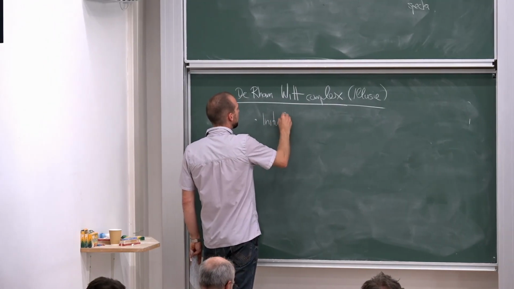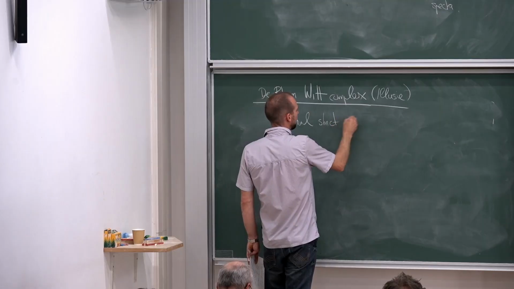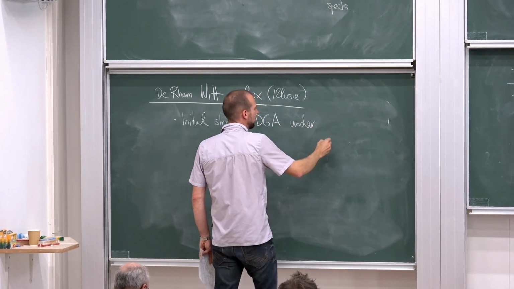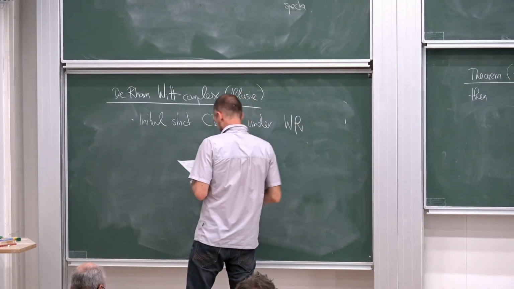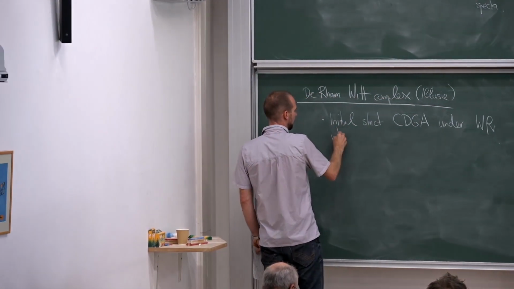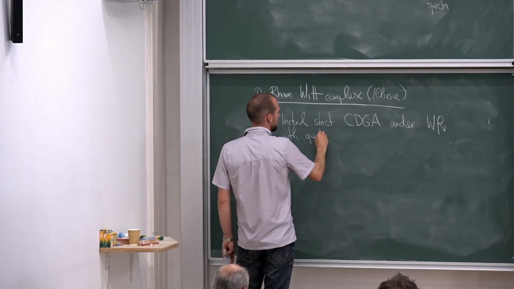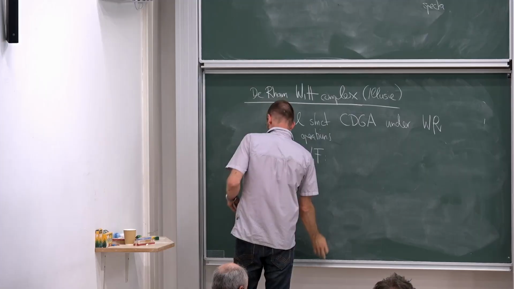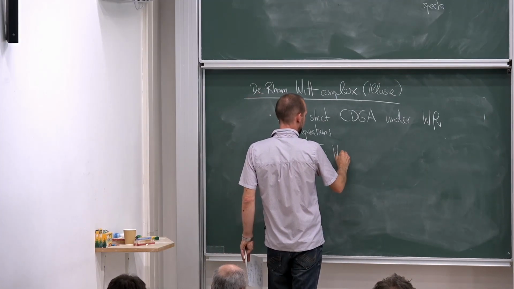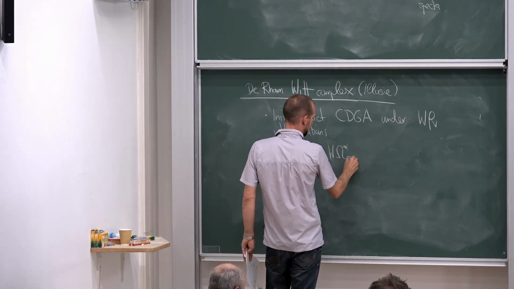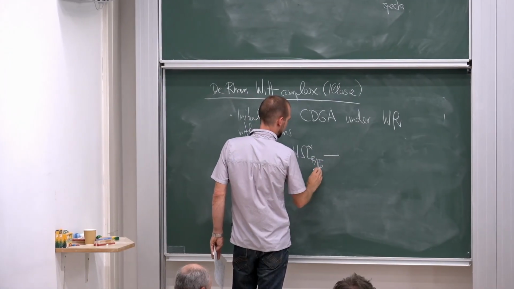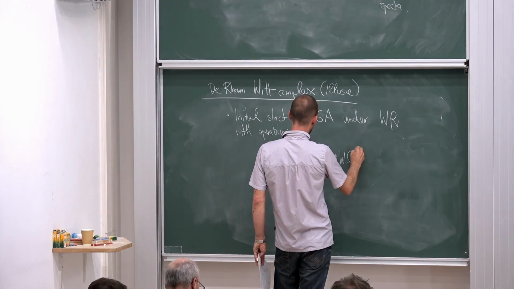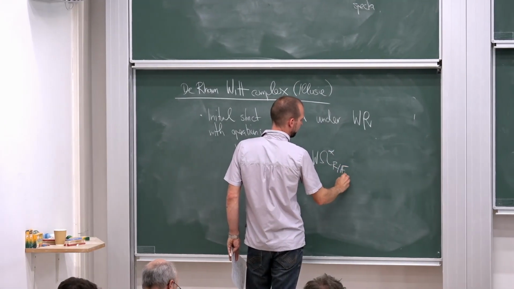So it's the initial strict CDGA, now not under R, but under Witt vectors of R, with operations V and F, which are operations from W Omega star of R relative to F_p to itself.